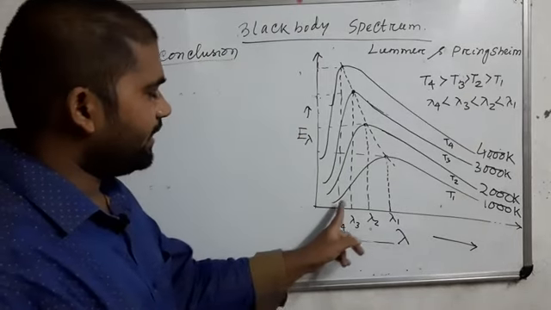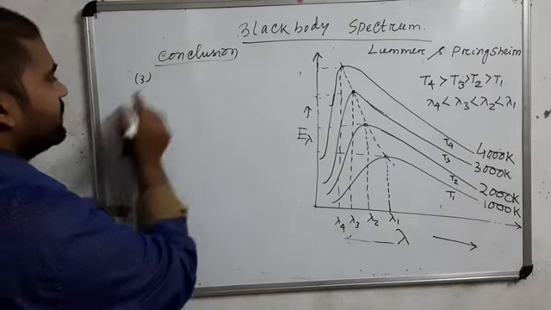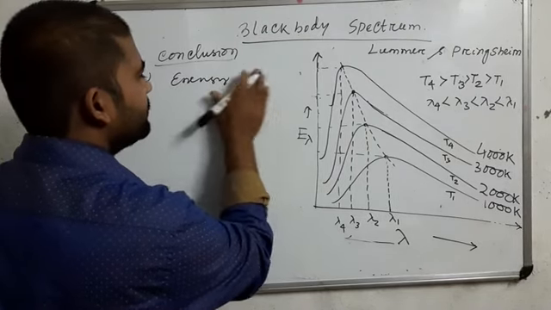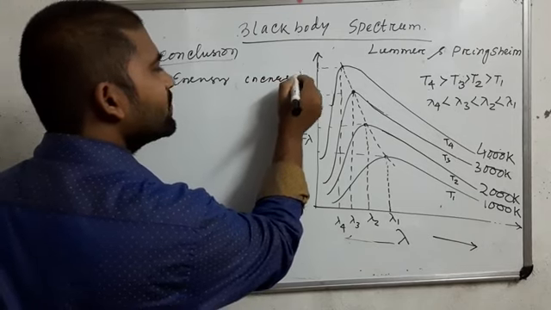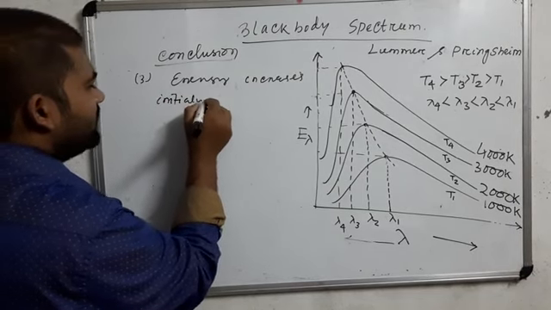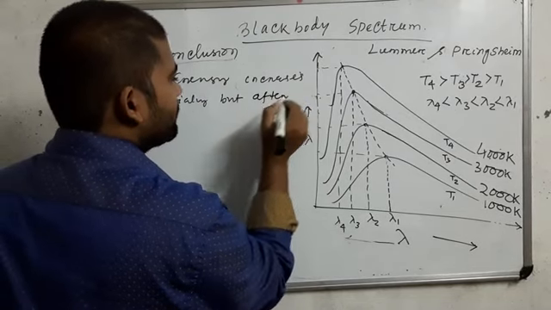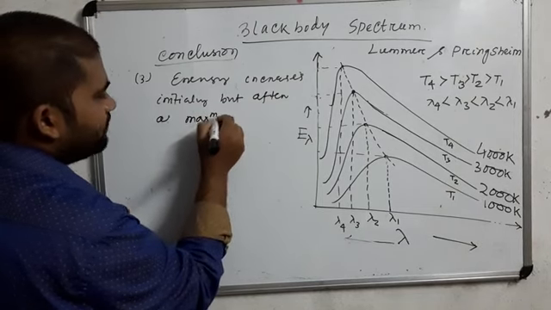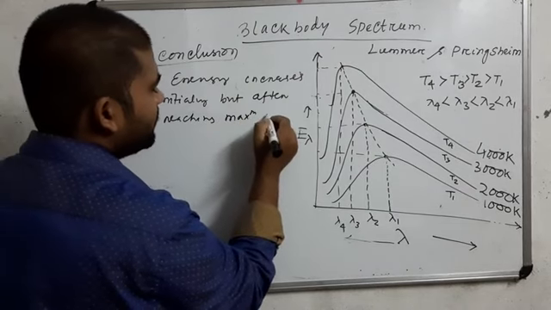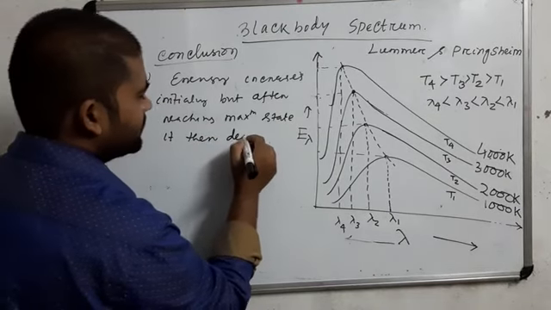initially the energy gradually increases with the rise of wavelength. Okay, so energy increases initially, but after reaching maximum state, it then decreases.